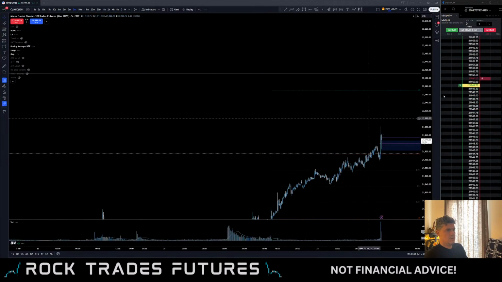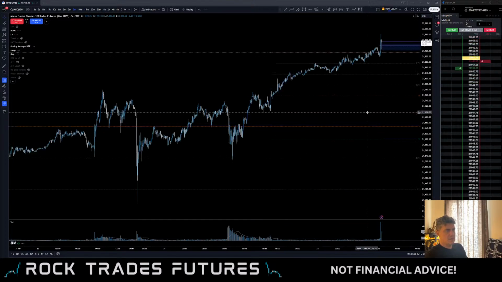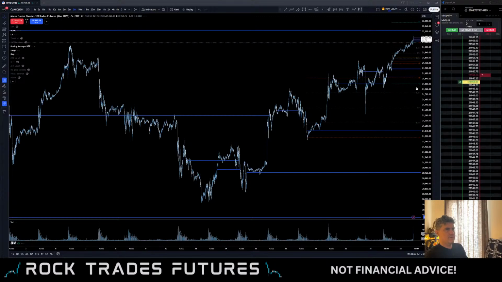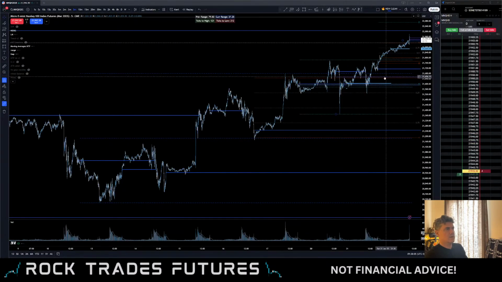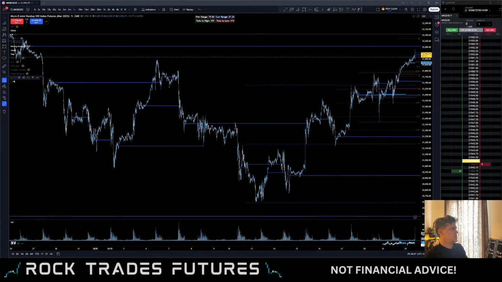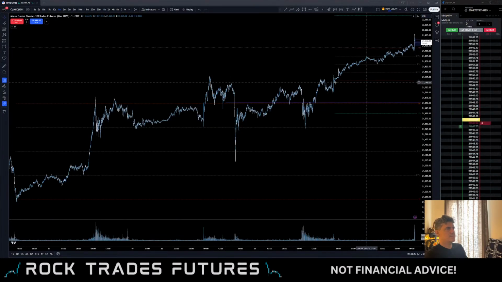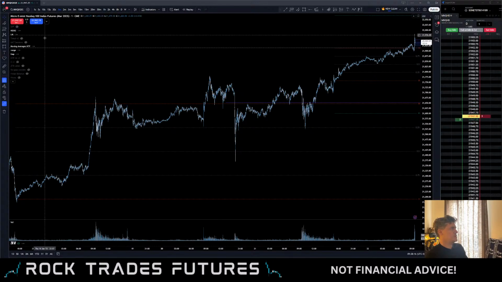Let's see. Looking for my gap indicator here. Just want to know if there are any unfilled gaps above. There are. And I wonder why this isn't here. This gap isn't printing on the 1 minute. Let's just see.